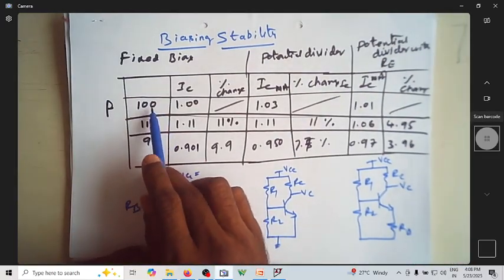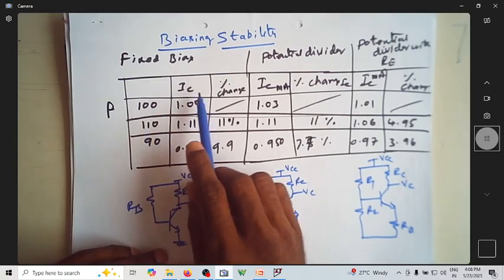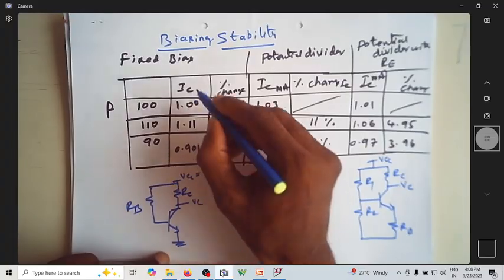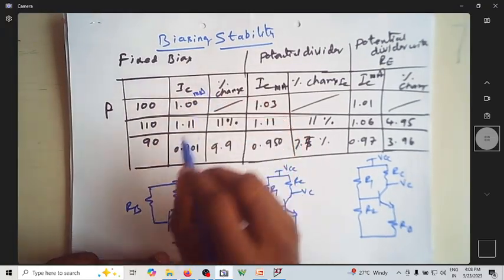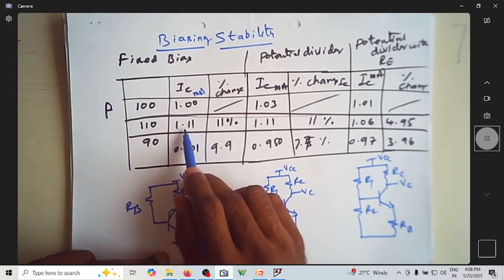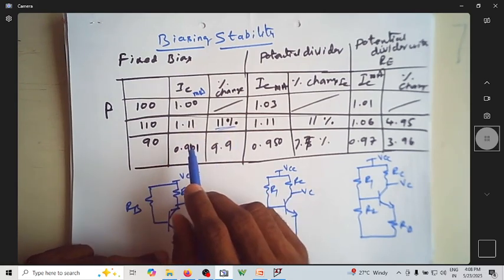Taking beta as 100 as the reference, in this fixed bias I got a collector current of 1 milliampere. When I vary beta from 100 to 110, the current increased to 1.11 milliampere, so there is an 11% change.